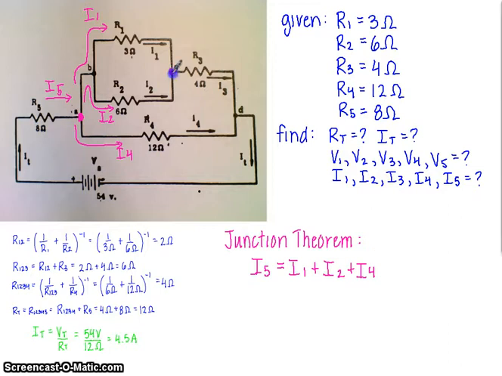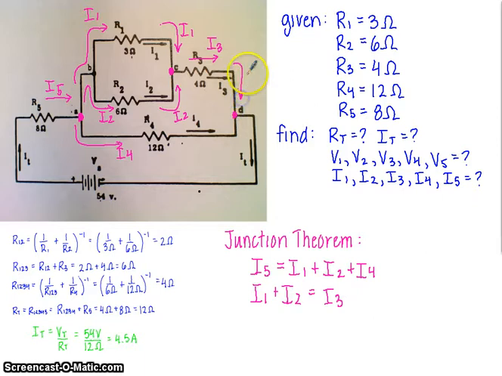We can identify another junction right here where we have the current coming into that junction would be I1 and I2, and the current leaving that junction would be I3. So the equation would be I1 plus I2, which is going into that junction, is equal to I3, which is coming out of that junction. Another junction is right here.